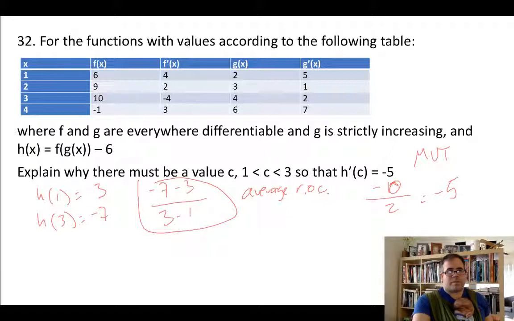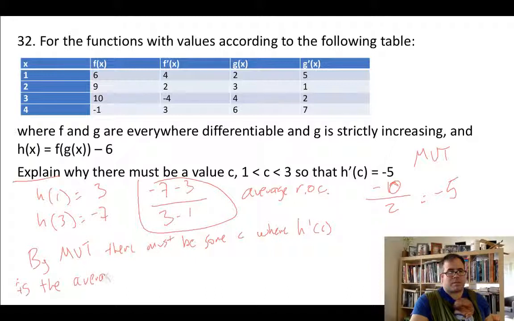So if we have to explain, we have to say by mean value theorem, there must be some c where h prime at c is the average rate of change from 1 to 3.